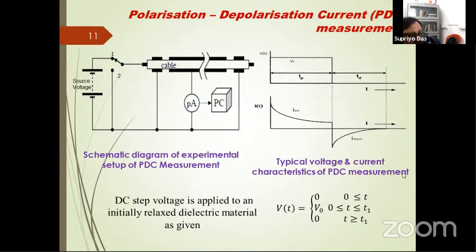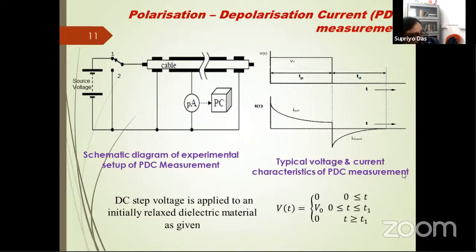The polarization current is exponentially decaying, and it comes to a steady state, that is the conduction level, where the conduction current is flowing. Once we short it, we get the depolarization current. And what is the voltage we applied? For t less than 0, the voltage applied is 0.